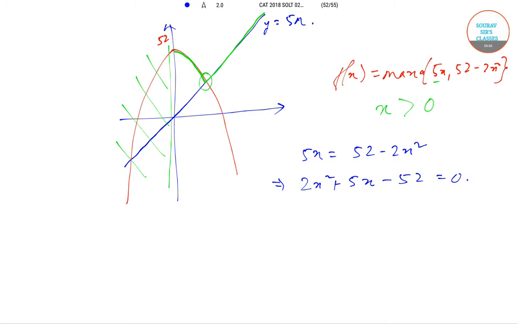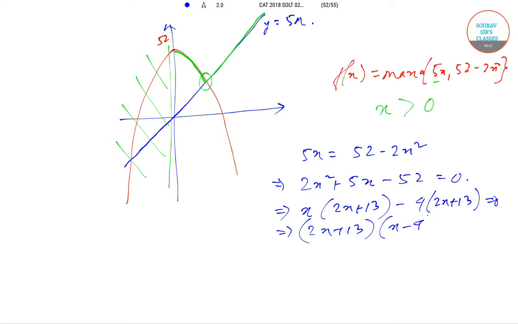So 52 into 2, so now if you get down to solving this problem, this would have been equal to x into (2x plus 13) minus 4 into (2x plus 13) equal to 0. So this would have been (2x plus 13) into (x minus 4). So this implies that x would have been equal to minus 13 by 2 or 4.